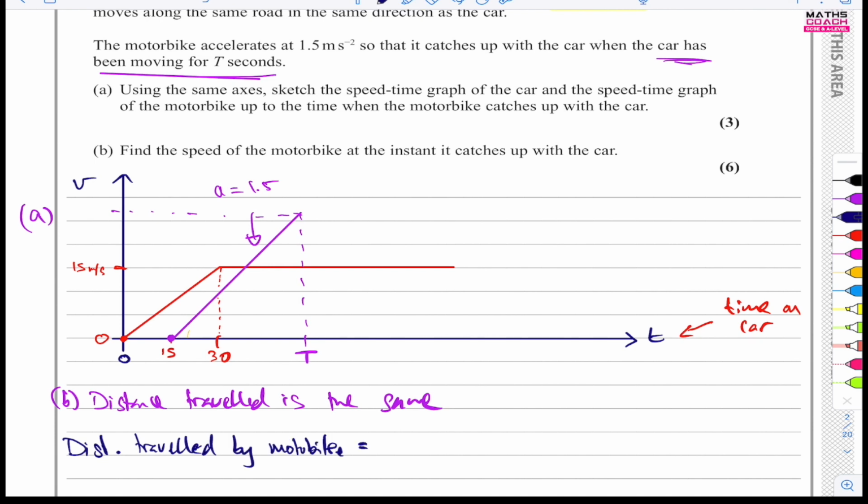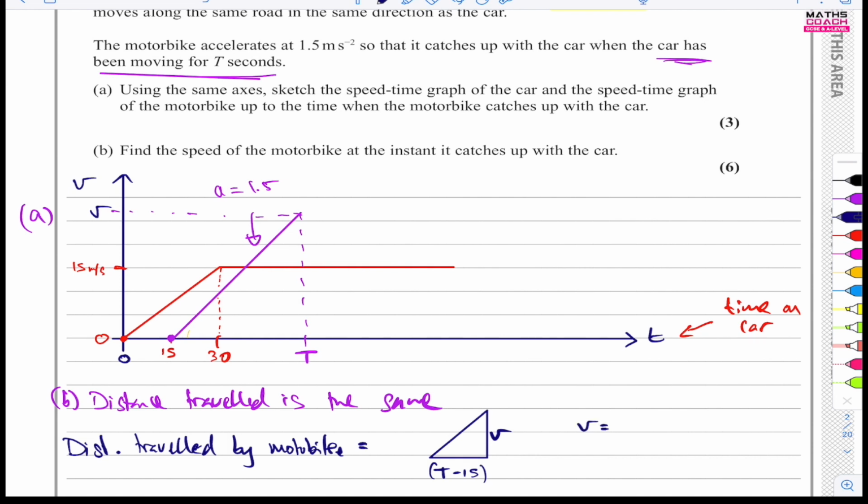If we look at the graph, it gives us the triangle. For this triangle, the base of the triangle is t minus 15. The height of the triangle would be the speed that the bike reaches at the moment when it catches up with the car. So let's just say that's v there.